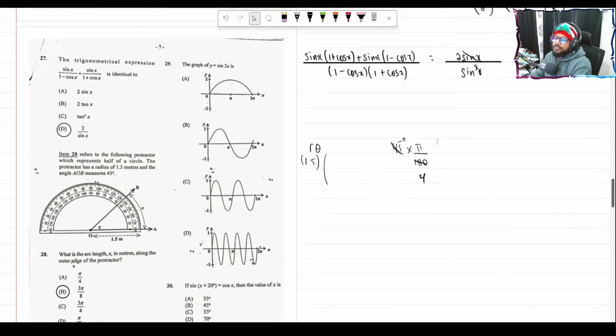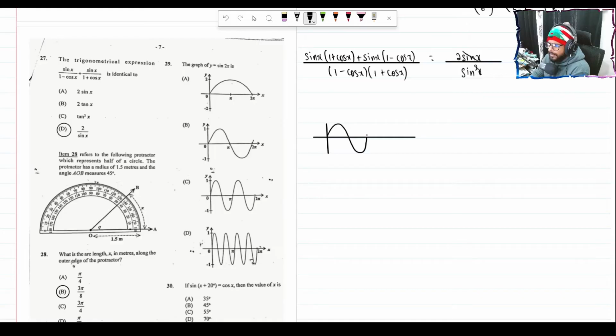Alright, the graph of sine 2x. Sine x completes 1 revolution every 2 pi radians. Now you might think that the 2 means the graph is spreading out like this, but the 2 actually means the graph is closing in.